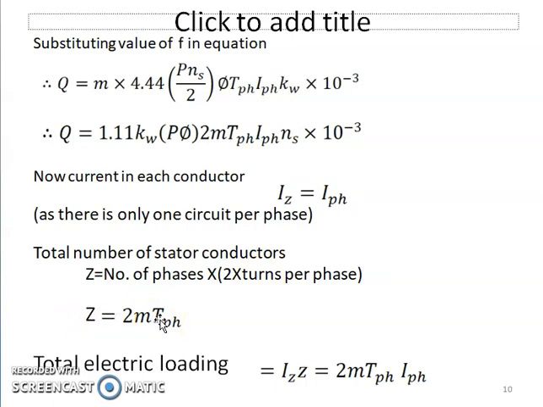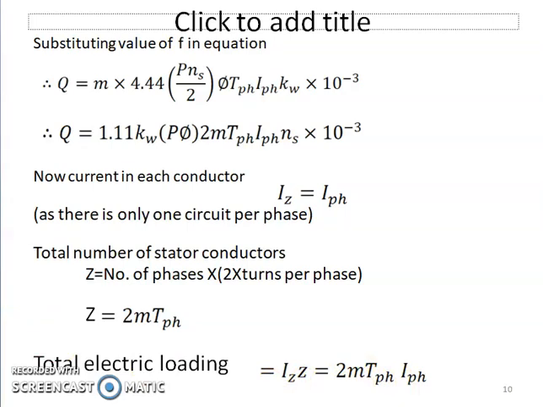In the case of a three-phase machine, the value of m will be 3. In that case, Z may be 2 into 3 into Tph. Hence, total electric loading Iz into Z can be taken as, since Z is 2m Tph and Iz is Iph, total electric loading Iz into Z is equal to 2m Tph into Iph.